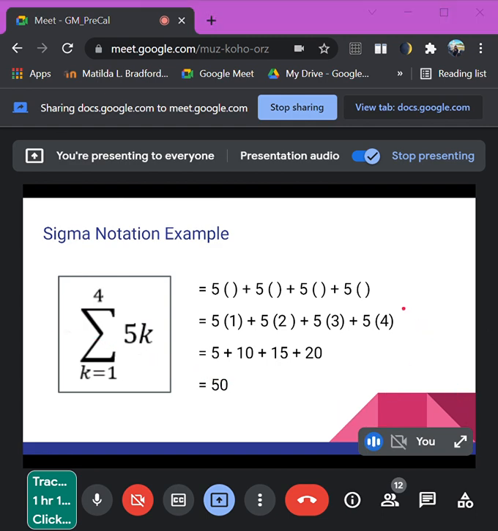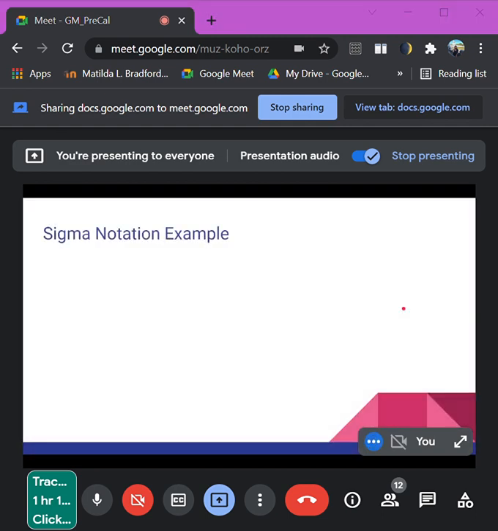None? Now, let's have another example. This one. I want you to solve first on your paper. You have there 3k plus 1 as the equation, and the lower limit is 1 until 6.